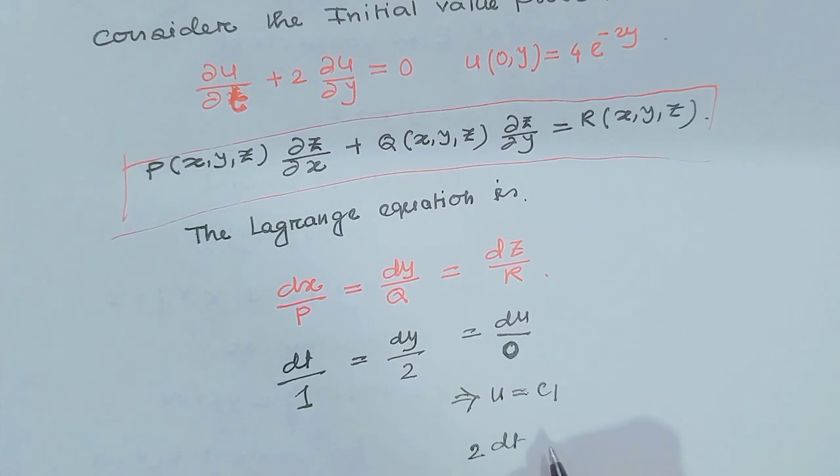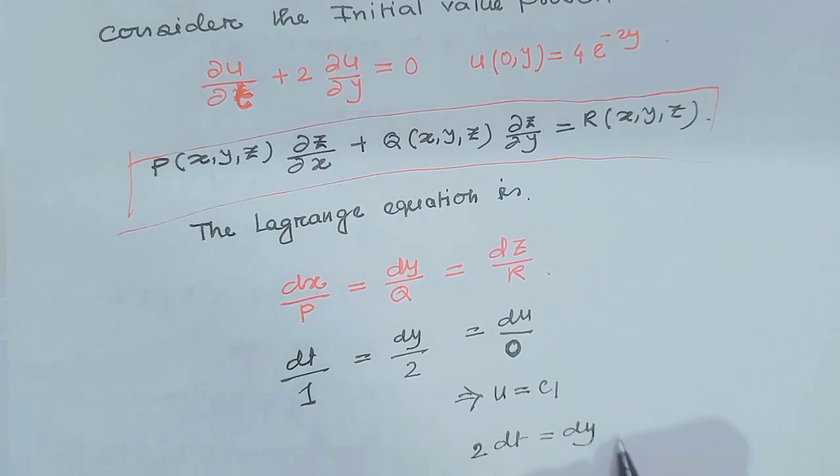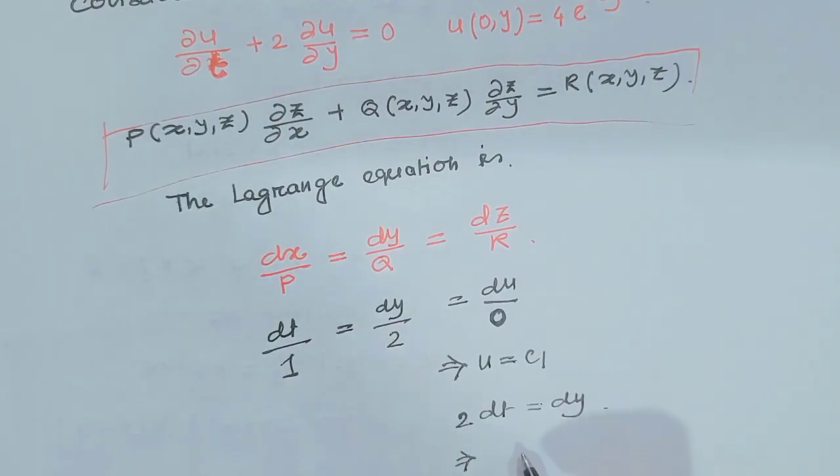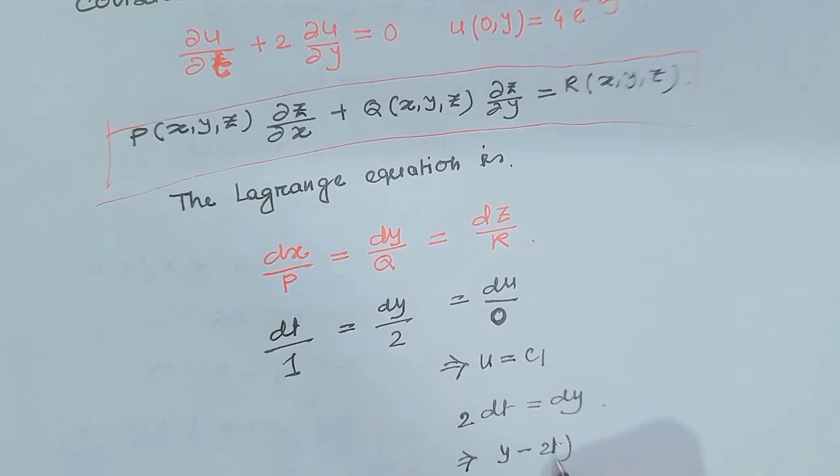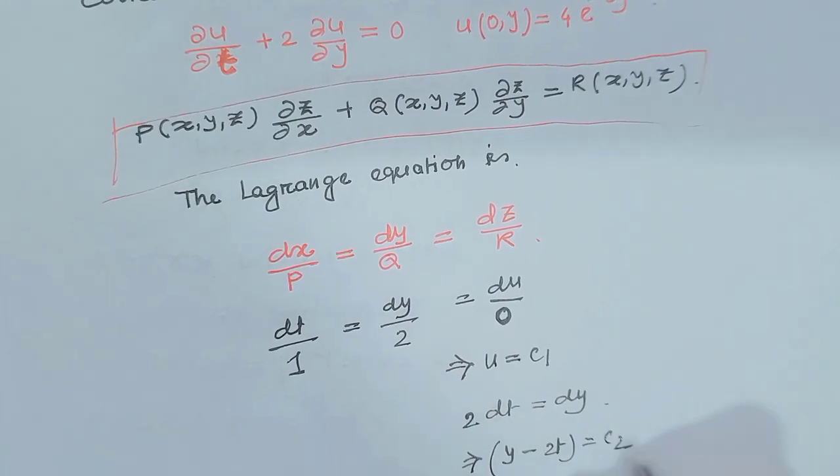2 dt is equal to dy. That implies y minus 2t equal to c2.